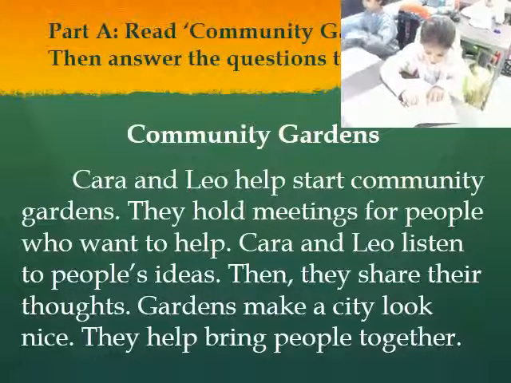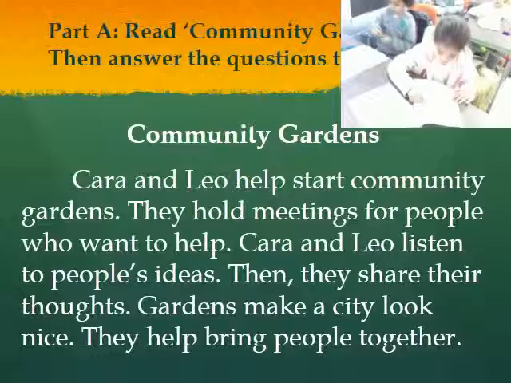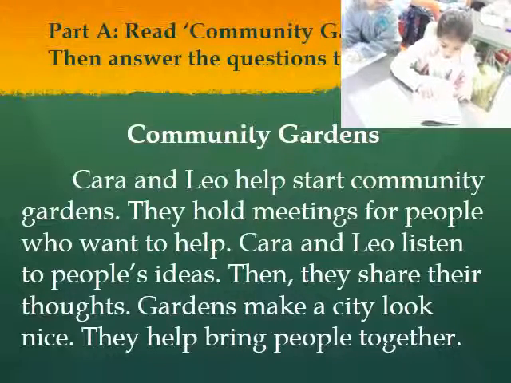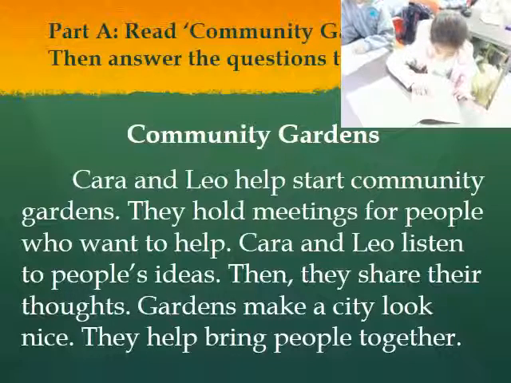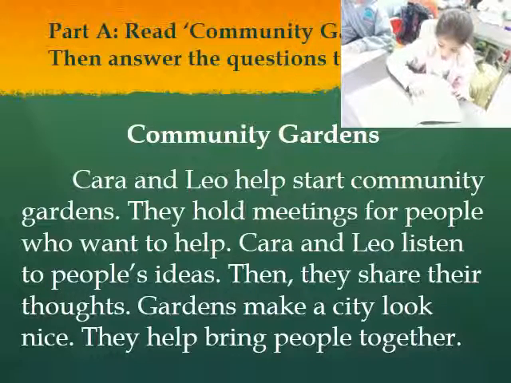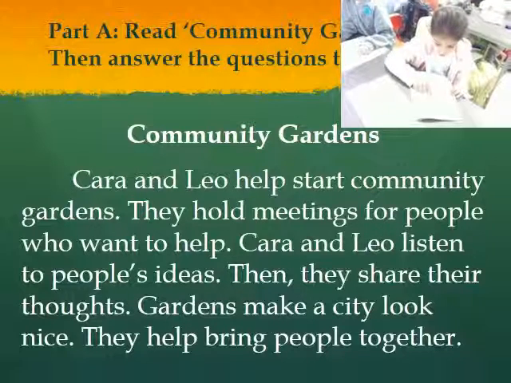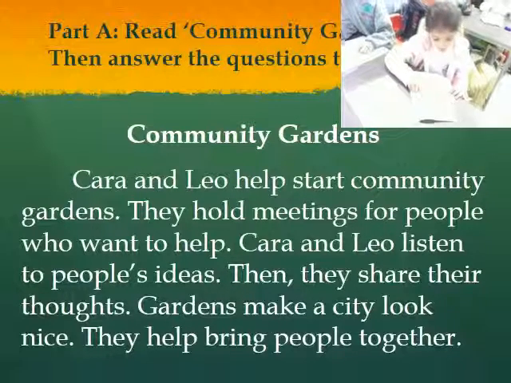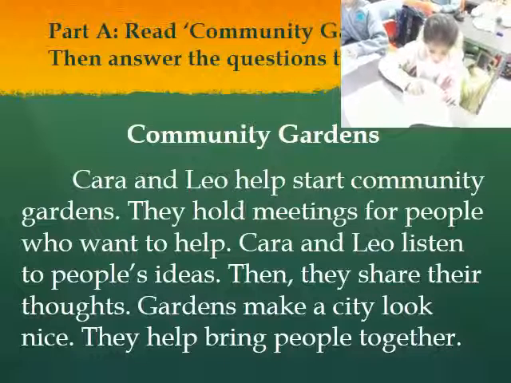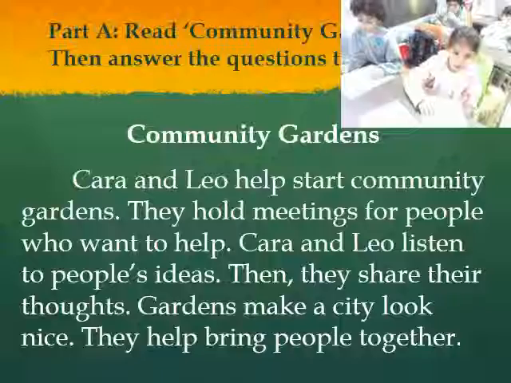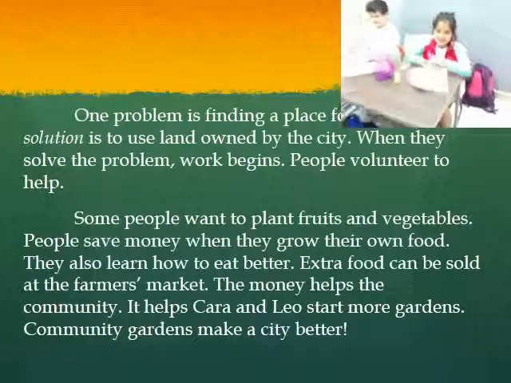Kara and Leo listen to people's ideas. Then they share their thoughts. Gardens make a city look nice. They help bring people together. Okay, thank you, Mia. Now we're going to continue reading the passage.